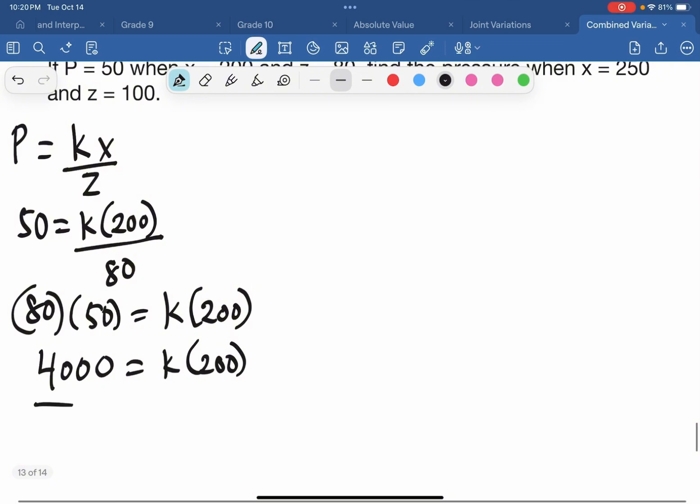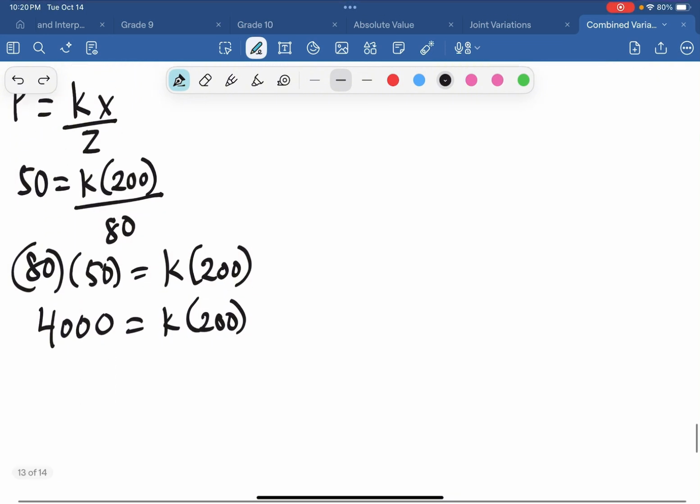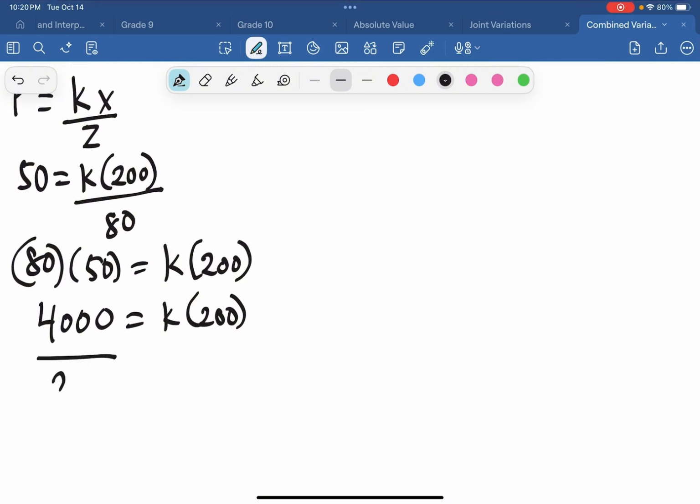So let's divide both sides by 200. So let's cancel this one. And then 4,000 divided by 200 is 20. So this is the value of our constant.